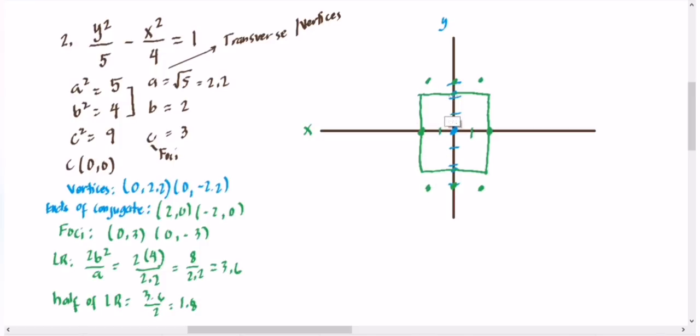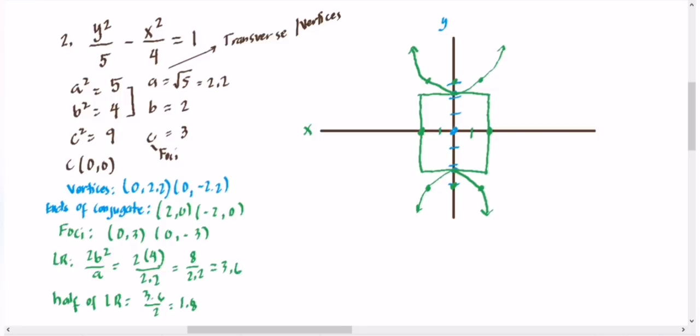Then, after na, pwede nyo na i-connect to. I mean, gawa muna pala kayo ng line na magkokonekta dito. So, yan yung line natin. Then, dito rin. Okay, so yun na.